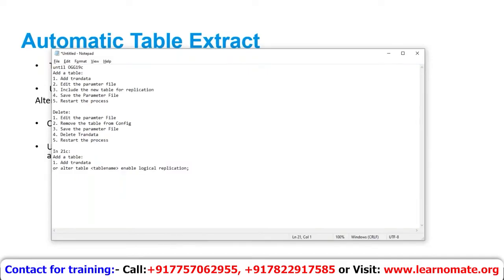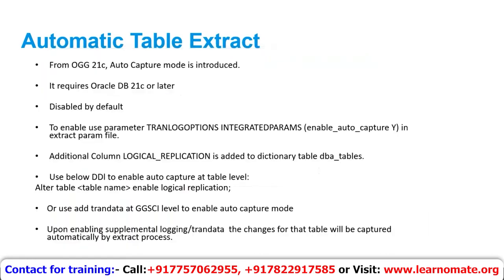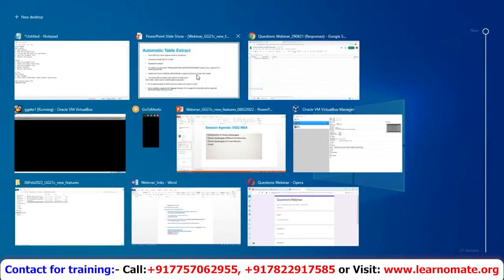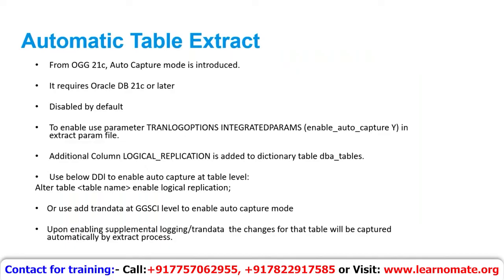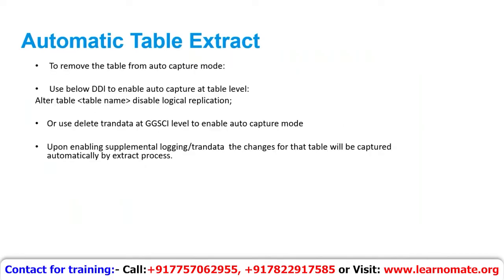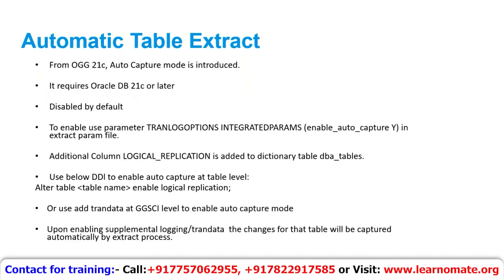And the second thing is edit the extract param file and use the parameter TRANLOGOPTIONS INTEGRATEDPARAMS with ENABLE_AUTO_CAPTURE Y. These are the two things you have to do to enable automatic table extraction. So you don't have to add anything in your parameter file, just do it at database level.